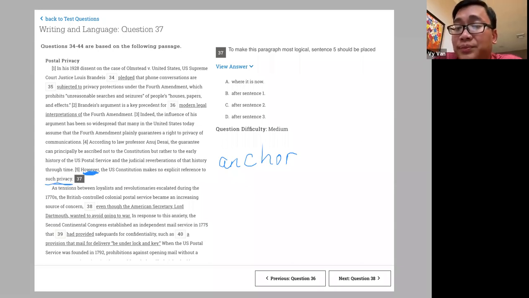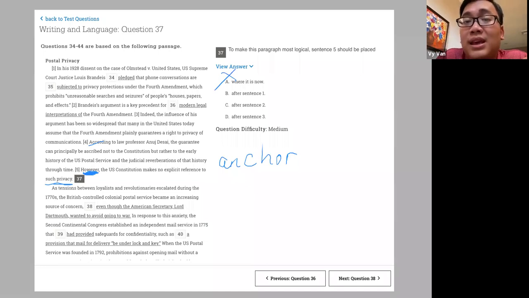Let's see where it is now. That means after sentence 4, to see if it's right. Sentence 4: "According to law professors, the guarantee can principally be ascribed not to the Constitution, but rather to the early history of the U.S. Postal Service and judicial reverberations of that history through time." Well, it never mentioned anything about privacy, so definitely not that.